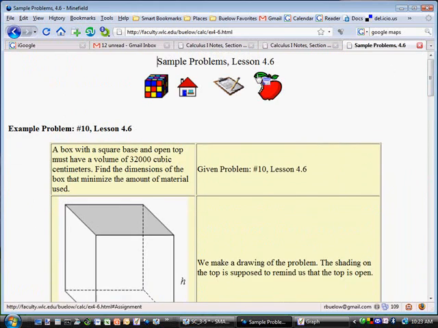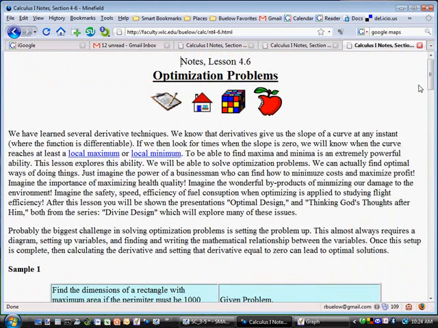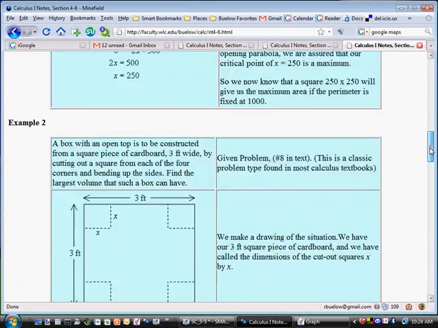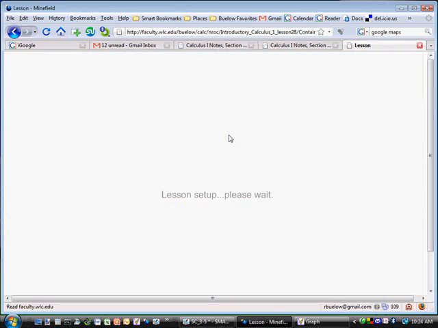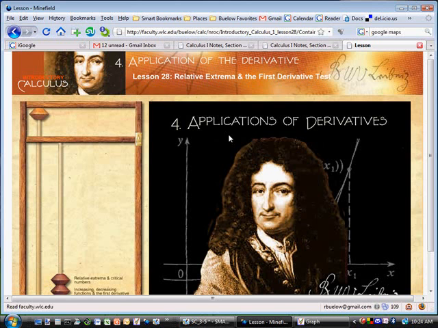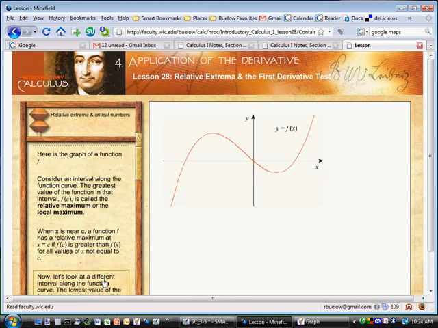Then if I go back to the notes, there's a really cool online video on this right here. I'm not going to show the whole thing, but here's the graph of a function f. F of c is called the relative maximum or the local maximum.